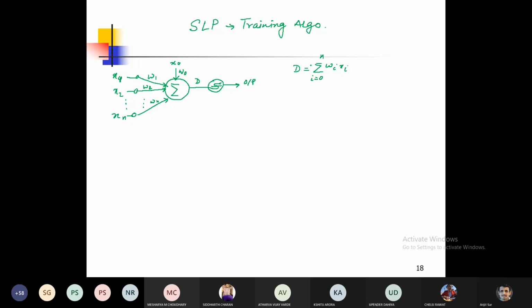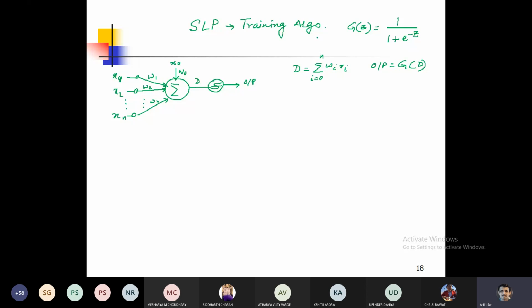And what is the output? The output you can say is G of D, where G is a sigmoidal. What is G of z? It is equal to 1 by 1 plus e to the power minus z. Okay, so this is the sigmoidal. This is more or less the idea.